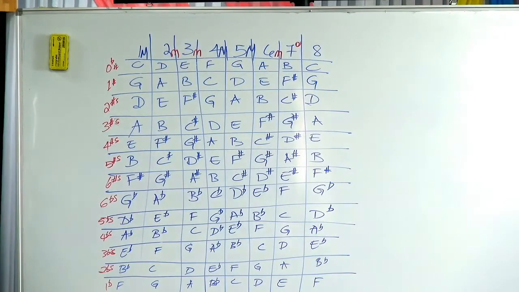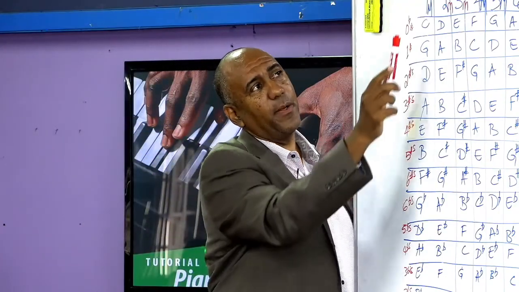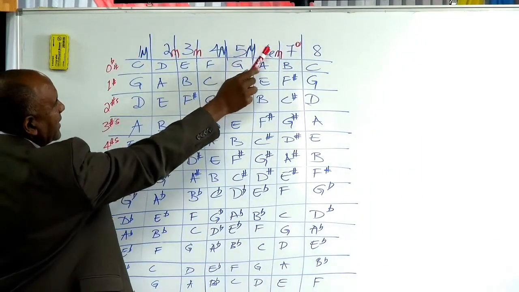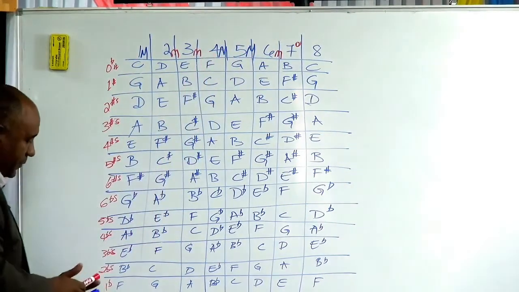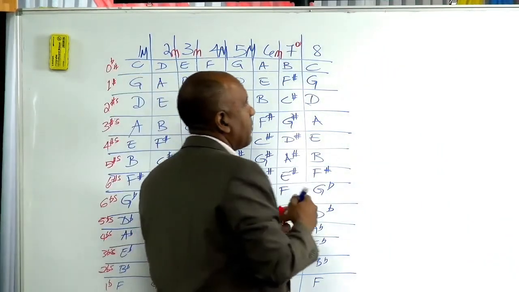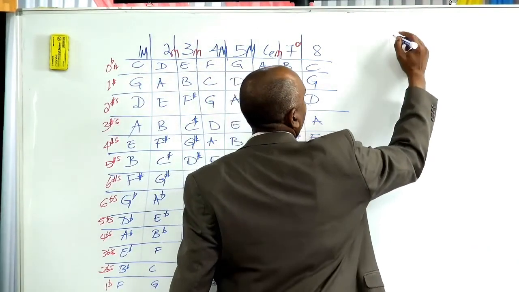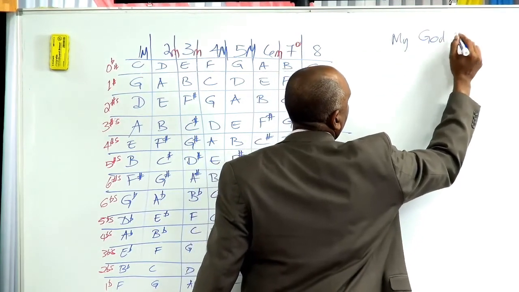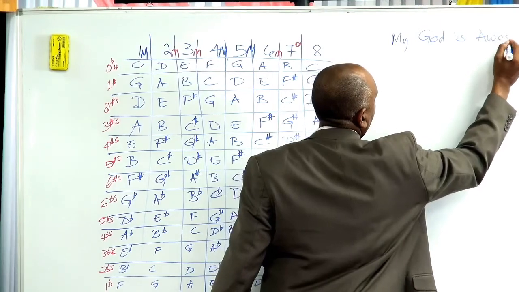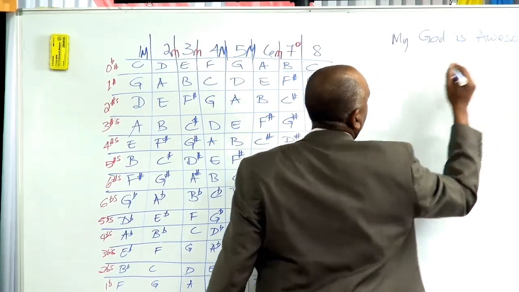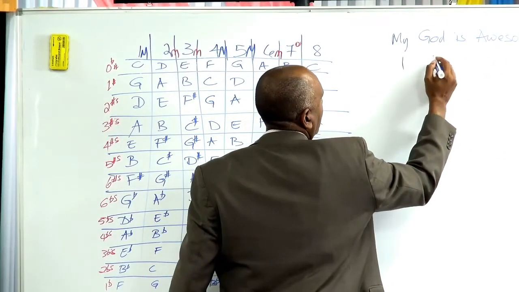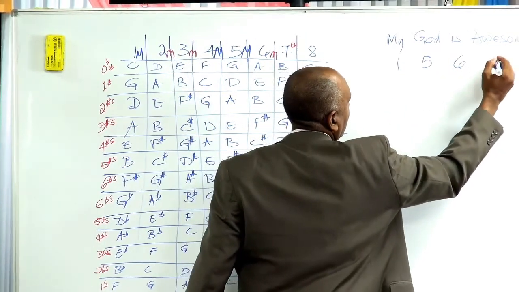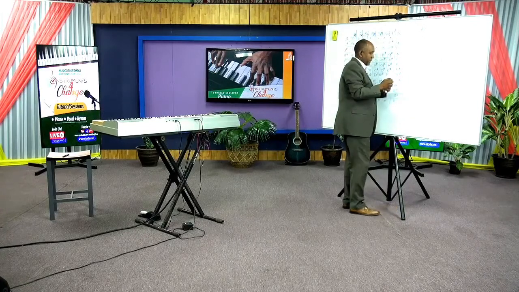Now, in My God is Awesome, we play 1, then 5, then 6, then 4. So this is a progression. One, 5, 6, which is minor, and then 4, which is major.